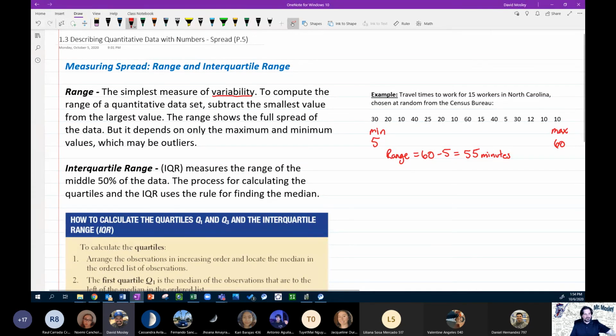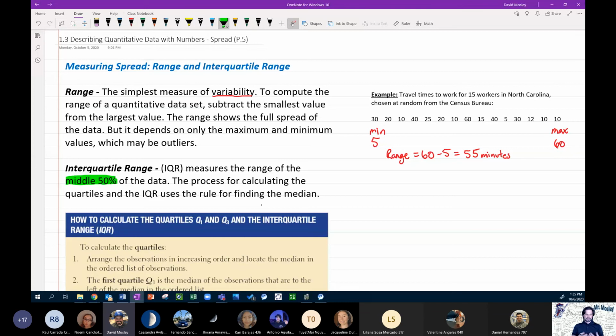When we look at the Interquartile Range, or IQR, this measures the range of the middle 50% of the data. The process for calculating the quartiles in the IQR uses the rule for finding the median.